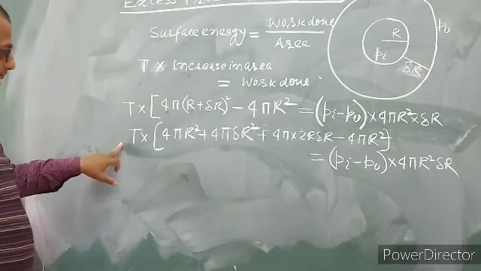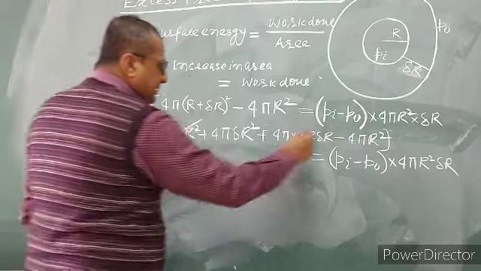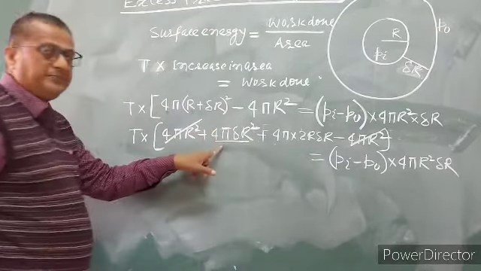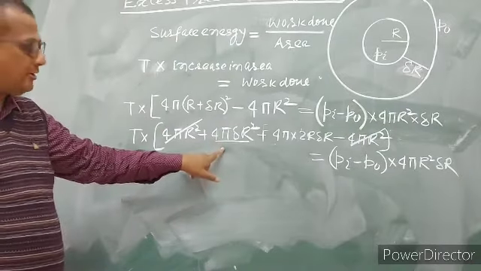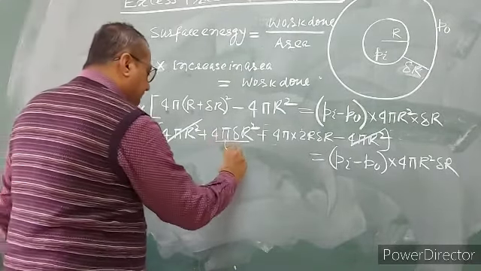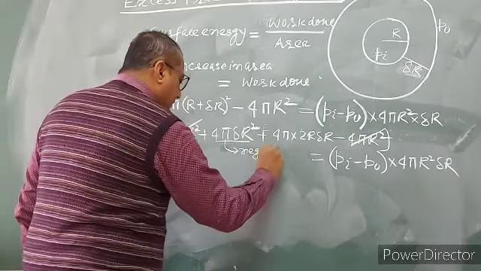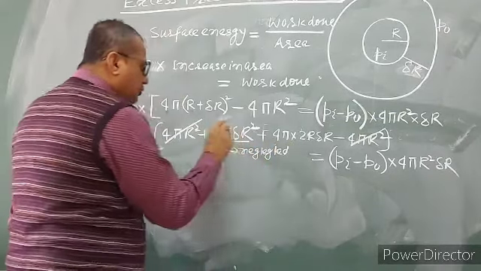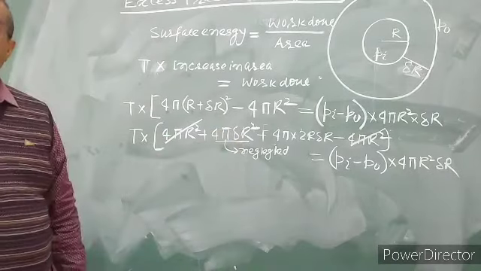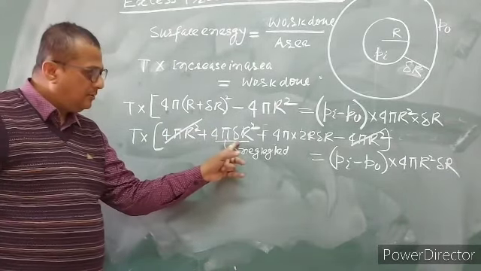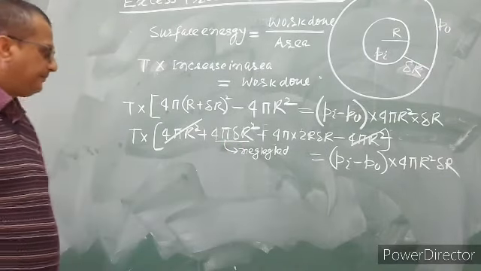Now 4 pi r square will be cancelled. The delta r square term is very small, so it is neglected. How small? Because delta r is small, when we square a small quantity, it becomes even smaller, so it will be neglected.